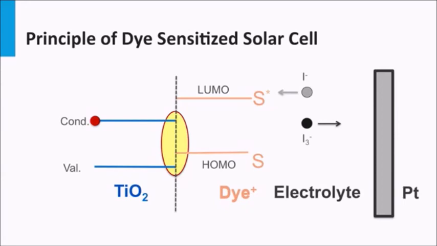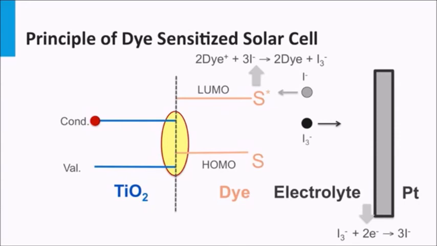Electrolytes are solutions or compounds that contain ionized entities that can conduct electricity. A typical electrolyte contains iodine. The positively charged oxidized dye molecule is neutralized by negatively charged iodide. 3 negatively charged iodides neutralize 2 dye molecules and create 1 negatively charged triiodide.